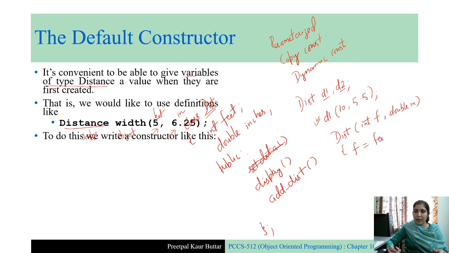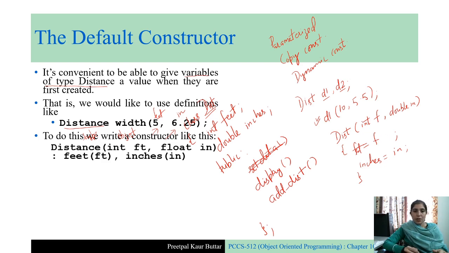Then feet equal to f, and inches is equal to in. This constructor is called automatically when we create an object, and the values which we pass are automatically assigned to the data members of this class.